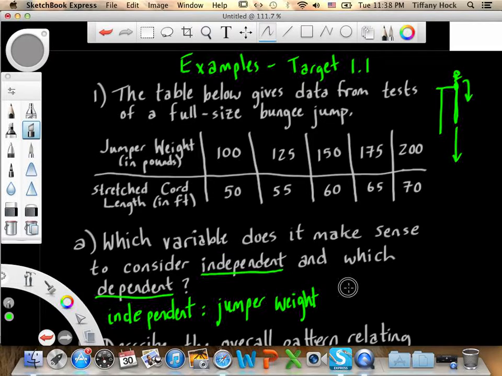On the other hand, the dependent variable, and I'm just going to abbreviate it DEP in this problem, the dependent variable is going to be the stretched cord length. And the reason we call that the dependent variable is because if you look at this table, depending on the person's weight, the heavier they are, and this makes sense, the more that bungee is going to stretch out.